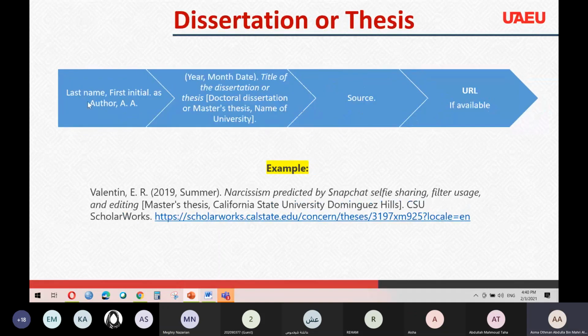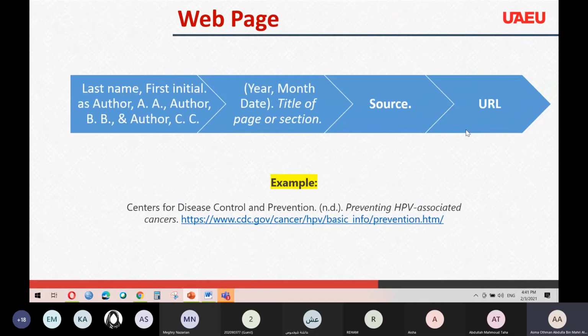Dissertation or thesis, again last name, a comma, first name, year, month, date, title of dissertation or thesis, and name of the university, source from where, and the URL if it's available.